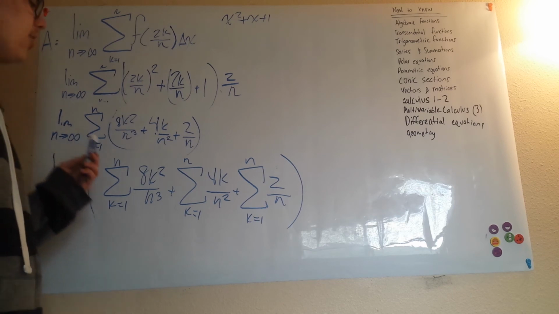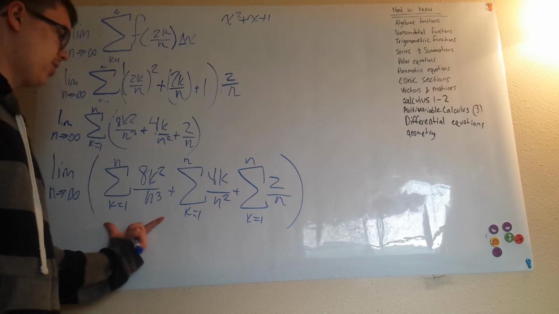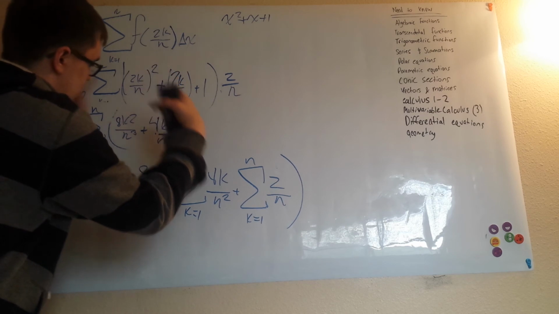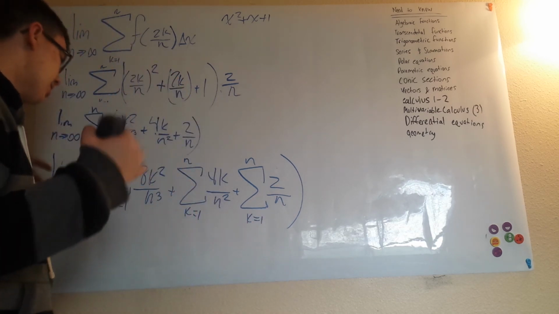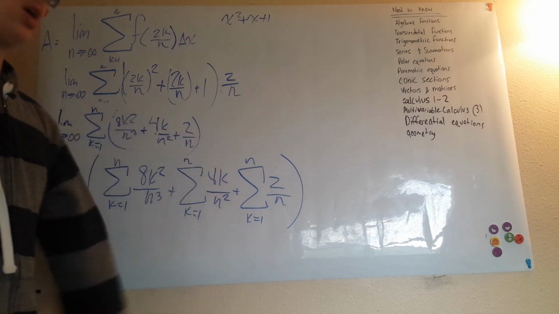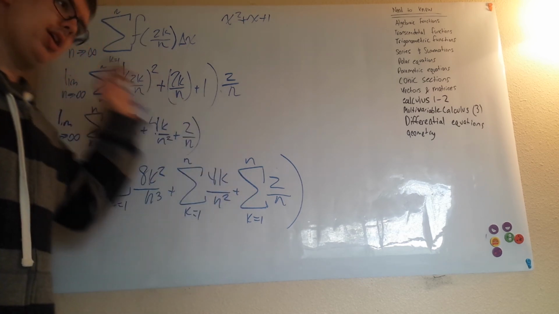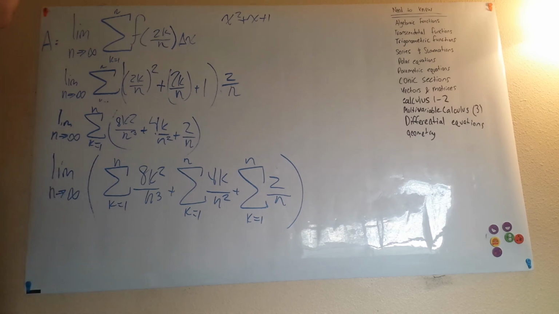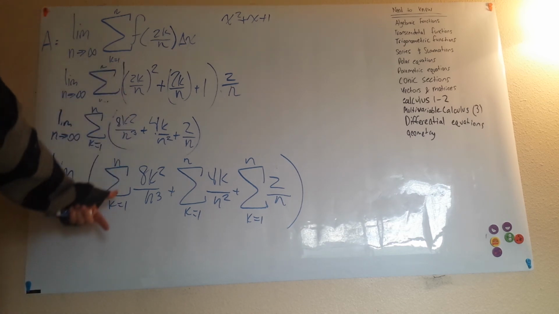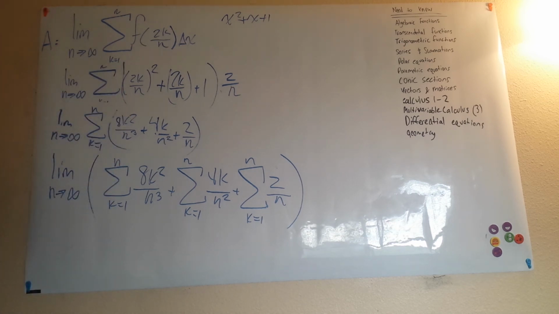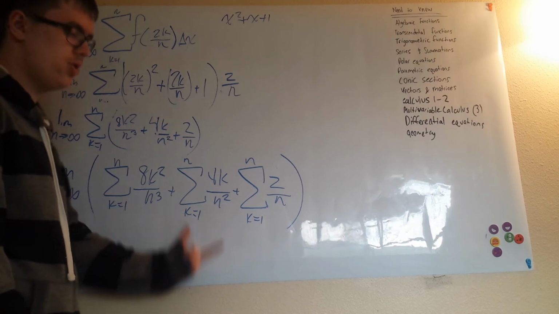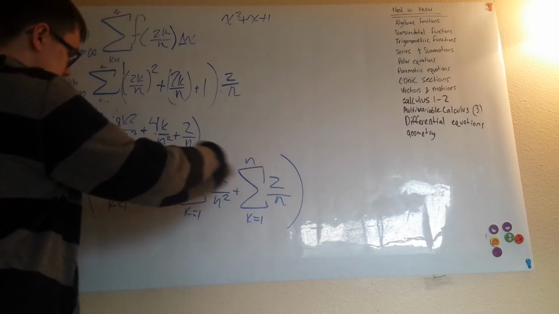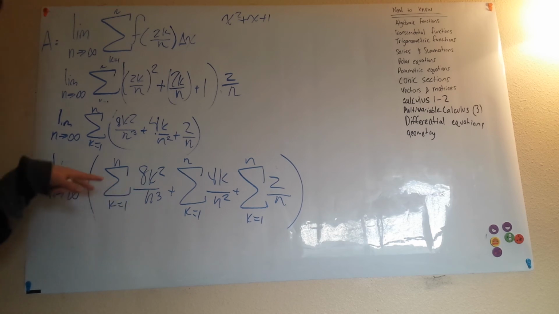Now, I already did an example where you evaluate this kind of thing. It's all going to be just k's and n's. It's going to be a rational function. You're going to have to take the limit of each rational function here. It's not that hard, it takes a long time, and I can't even show this on the board unless I do it really small. But you already know how to do it. You pull the n's out, and the constants.